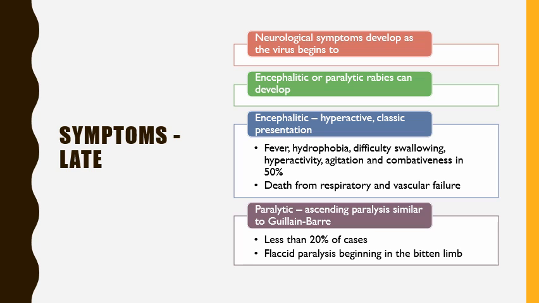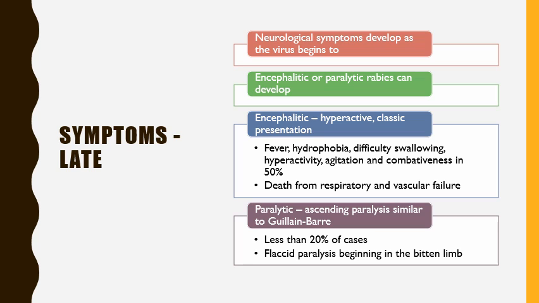Those are two different forms. It's usually one or the other. The encephalitic form is more common, and that's actually the classic presentation that you would see in popular media or in movies when you see a patient with rabies, or an animal who's foaming at the mouth, acting hyperactive, aggressive. That's the encephalitic form.